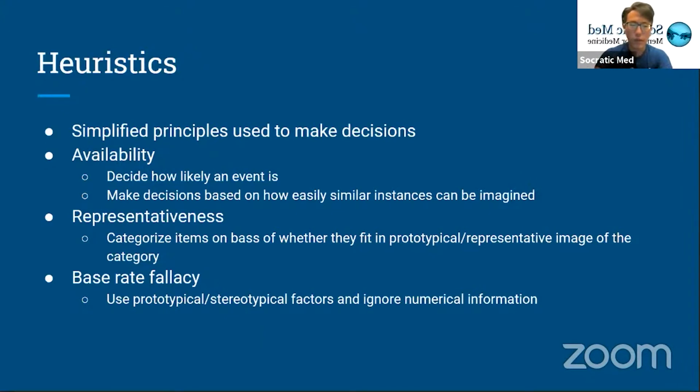The availability heuristic is when we decide how likely an event is by how easily similar things can be imagined. I think of it as when you think of all the similar available examples, and we use that to decide how likely an event is.